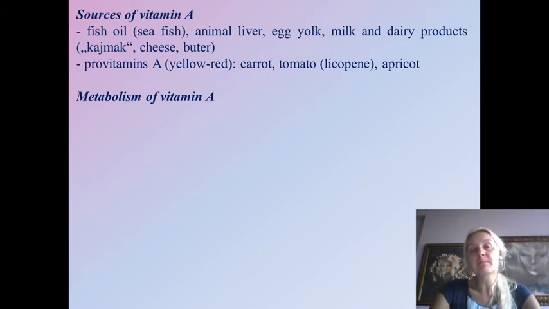So actually those esters of vitamin A have to be subjected to the hydrolytic action of pancreatic hydrolases, which are going to hydrolyze those ester bonds and release the vitamin A in its original form.